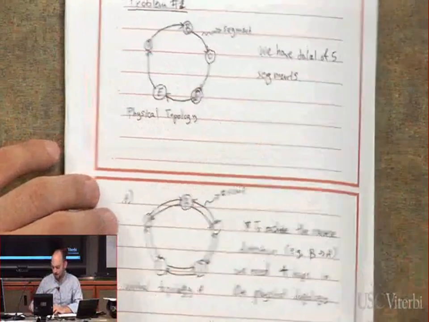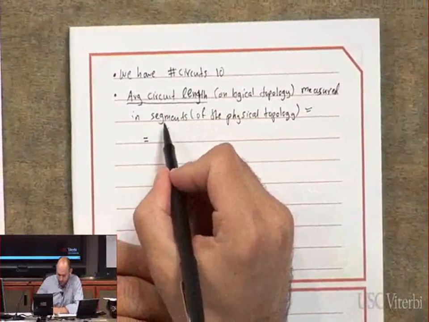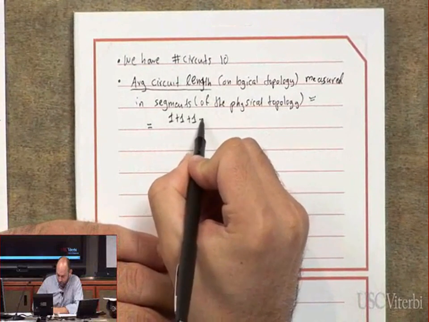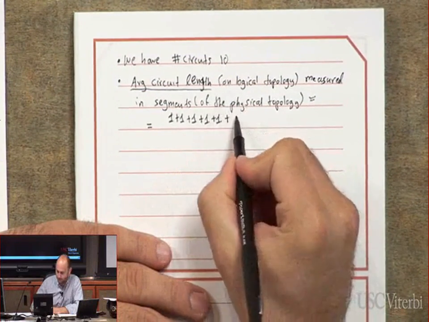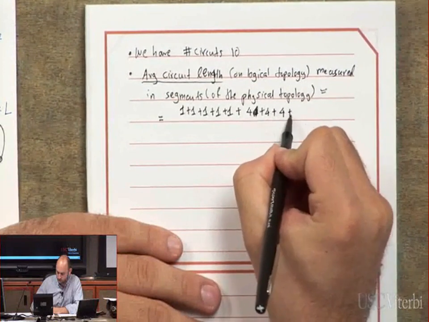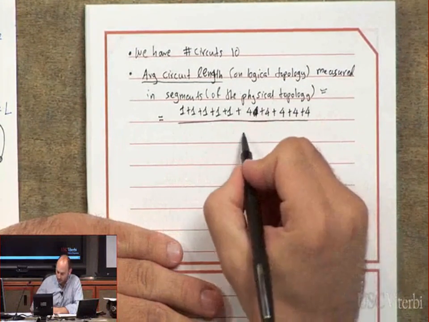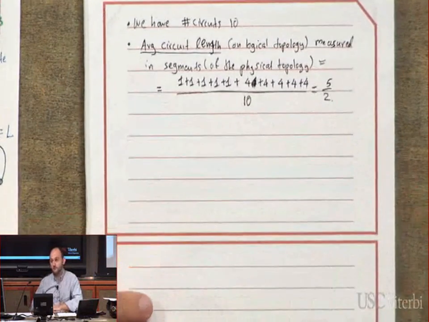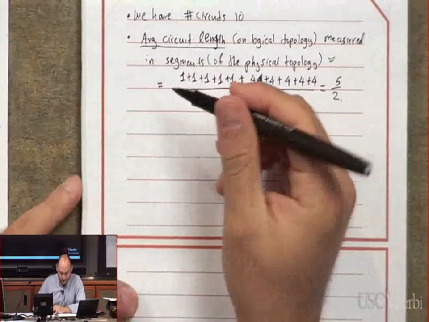Make sense? All right, so this is 1 plus 1 plus 1 plus 1 plus 1 plus 4 plus 4 plus 4 plus 4 plus 4, which is 25, and this gives over 10, 5 over 2. Do we all agree? Okay.